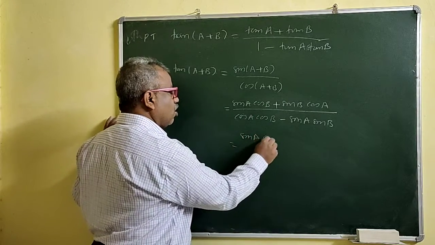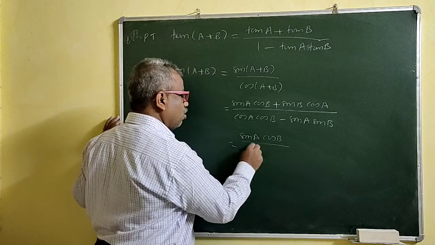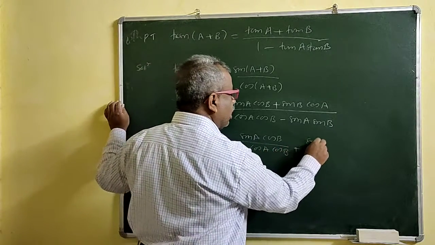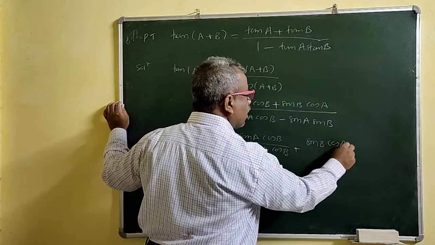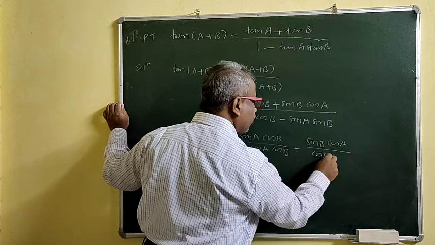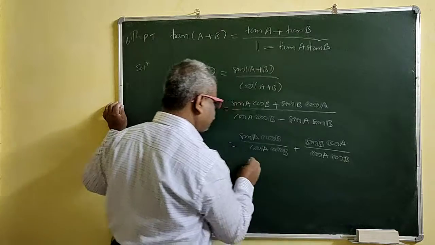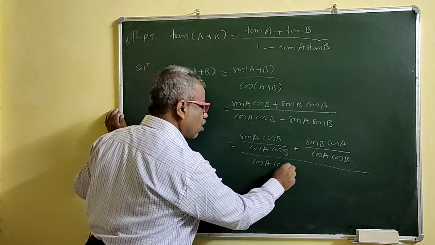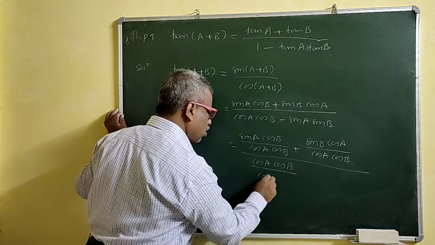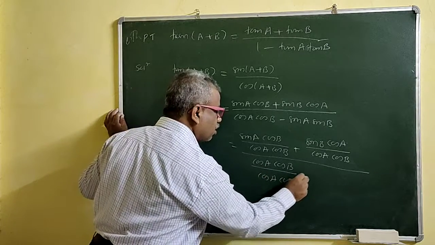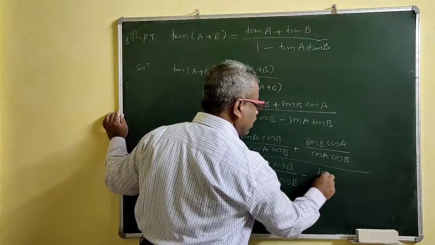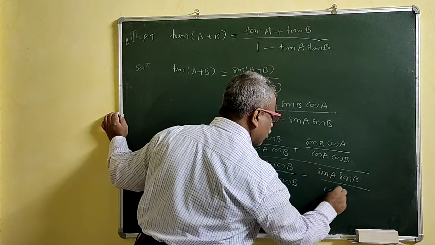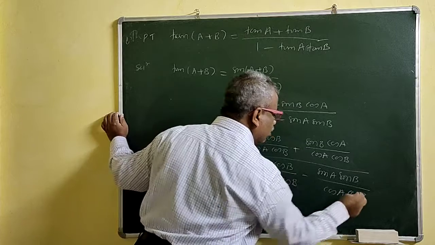Sin A cos B upon cos A cos B plus sin B cos A upon cos A cos B, upon cos A cos B upon cos A cos B minus sin A sin B upon cos A cos B, right?